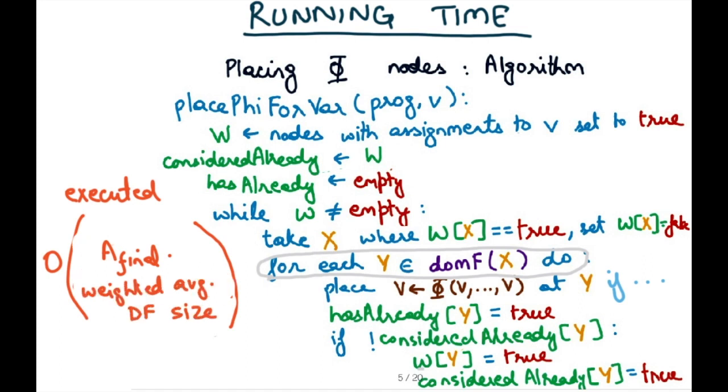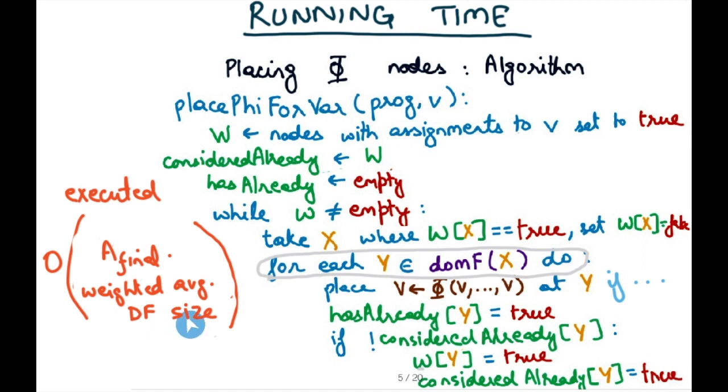This quantity can also be written in a more succinct form as A final times the weighted average dominance frontier size, where the weighted average is based on the average of the dominance frontier size for the different nodes, where the weights are dependent on the number of assignments in that node X for whose dominance frontier we are looking at. So this is executed A final times weighted average DF size. A final can be between linear and quadratic in the size of the original program, as we saw earlier.